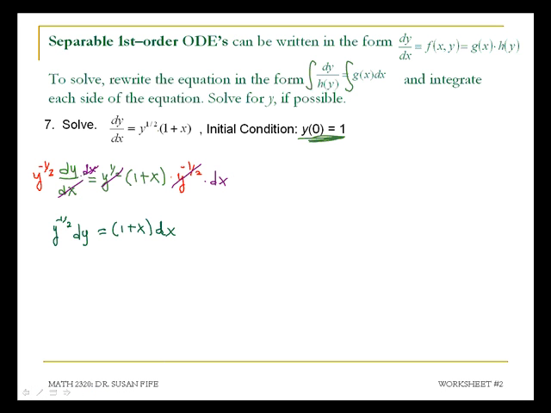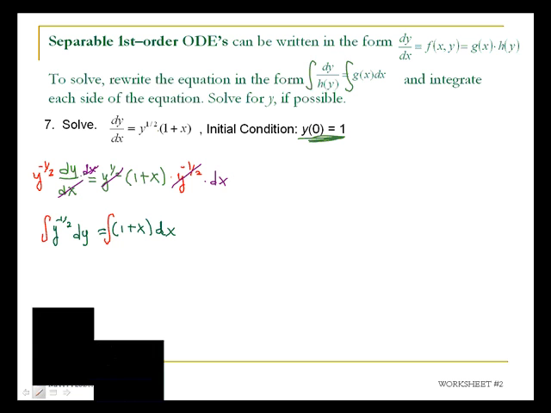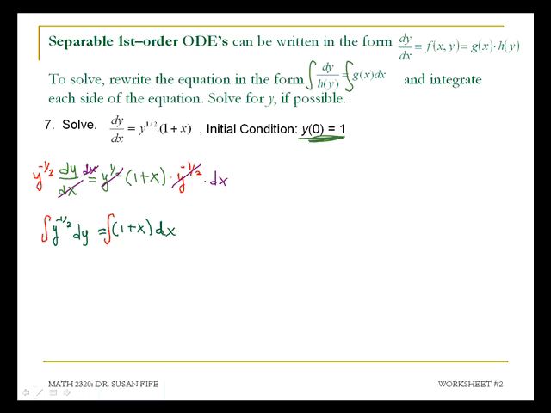Okay, now we can solve the equation by integrating both sides. When you integrate both sides, you only need one constant of integration. On the left side of the equation, this is just y to the negative 1/2. When you integrate, just increase the power by 1.